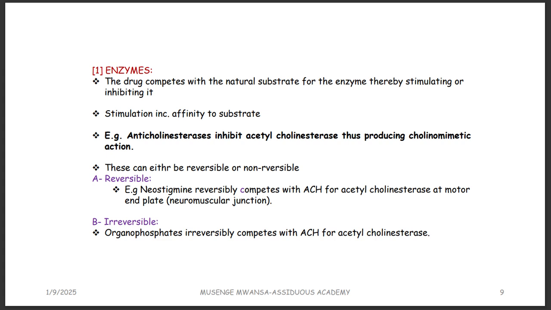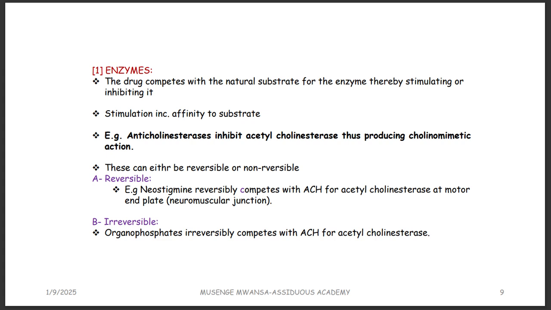So they can be competing. So stimulation, when the drug binds to this enzyme or to this receptor, which is the enzyme, it will increase the affinity to the substrate. Do you get the sense there? And now in this case, it's not competitive inhibition.